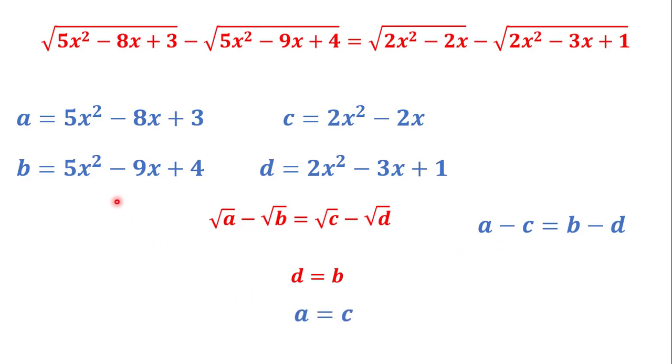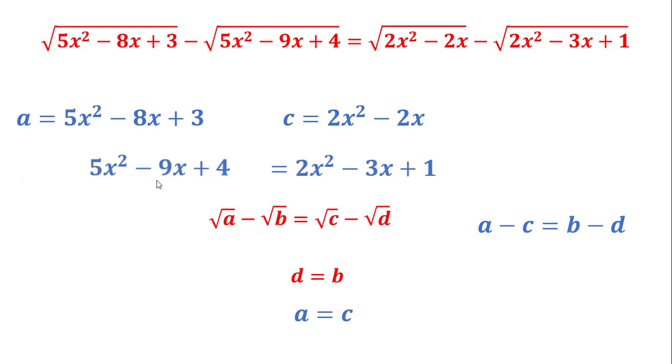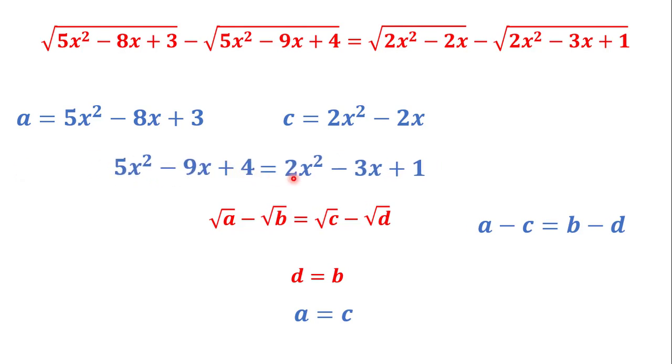Now we need to put b equals d. 5x squared minus 9x plus 4 equals 2 times x squared minus 3 times x plus 1. If we move all terms to the left hand side, we're going to get 5x squared minus 2 times x squared, that equals 3 times x squared, and minus 9x plus 3 times x equals minus 6 times x, and 4 minus 1 equals 3.